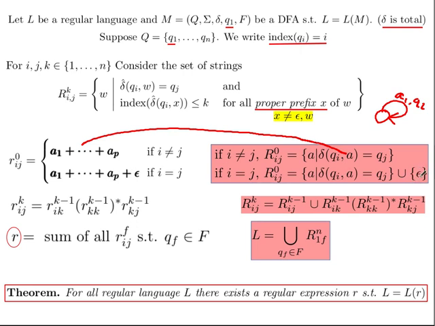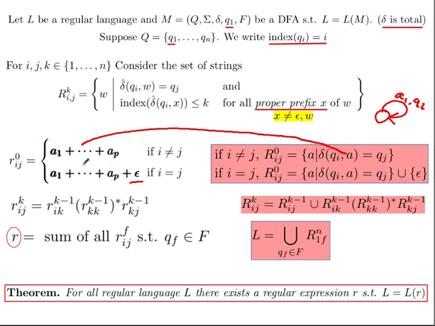This epsilon will always be there if i is equal to j, as we discussed in the previous slide. So this is your regular expression for this set, which is just a union of symbols, or a union of symbols plus the epsilon string.